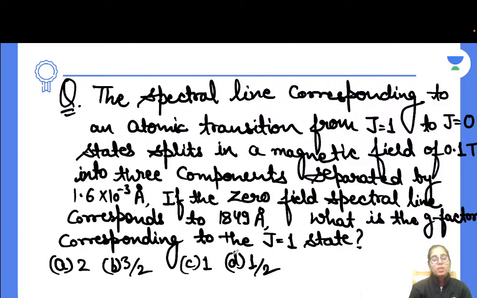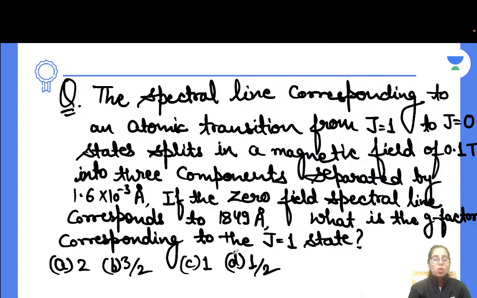So when it takes place in three components, it's a normal Zeeman effect. When it takes place in more than three components, it's an anomalous Zeeman effect. So when we talk about the normal Zeeman effect, our Landé g factor value will be 1, because the spin value will be 0.